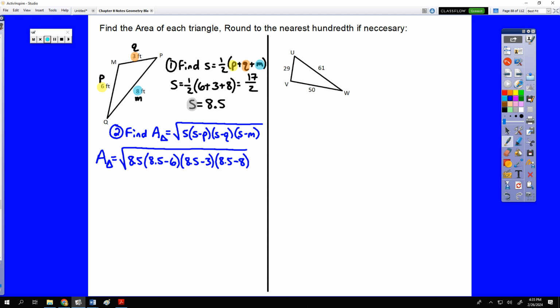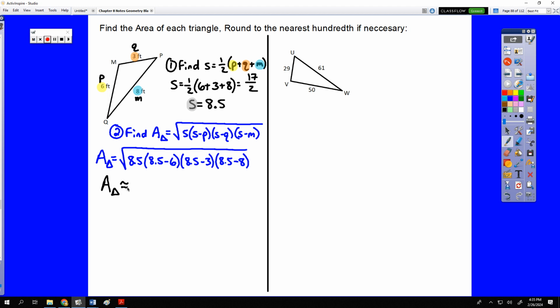And when we multiply that out, we're just feeding it to our calculator exactly like it is written. Type it in very carefully. Make sure that you do not close the square root until after everything is typed in. And it should spit out the area of the triangle.